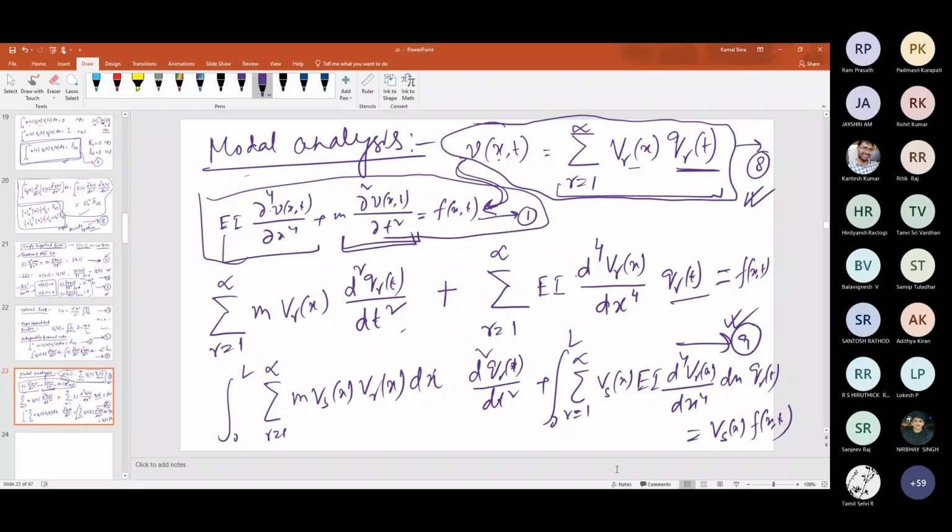Correct or not? Multiplying equation 9 by Vs(x) and integrating over the domain 0 to L. Correct?